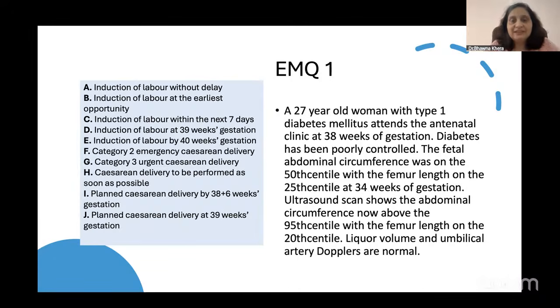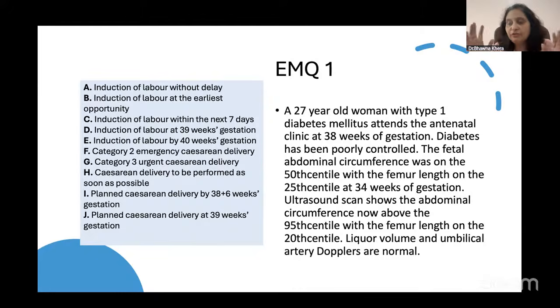So let's start. A 27-year-old woman with type 1 diabetes mellitus attends the antenatal clinic at 38 weeks of gestation. First and foremost, whenever you have a question with multiple possible scenarios, like diabetes, which could be type 1, type 2, or GDM, each has a different prognosis and further monitoring.